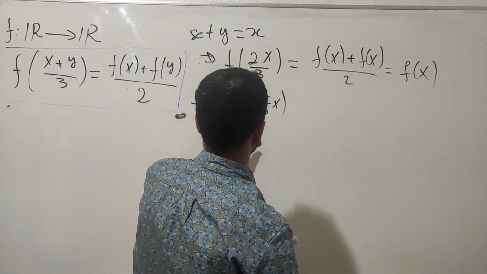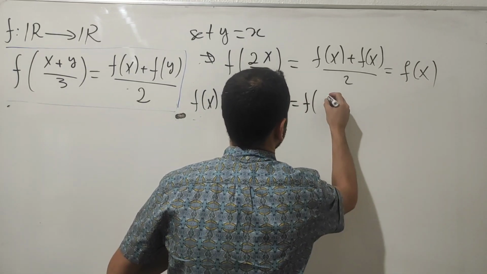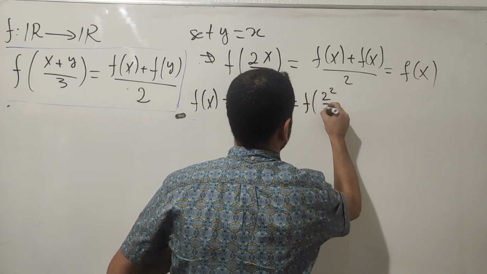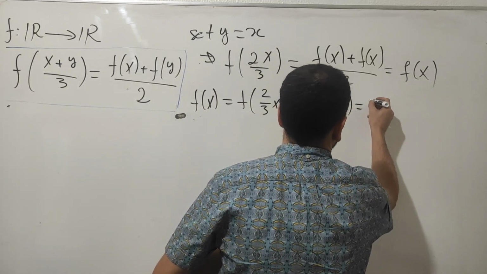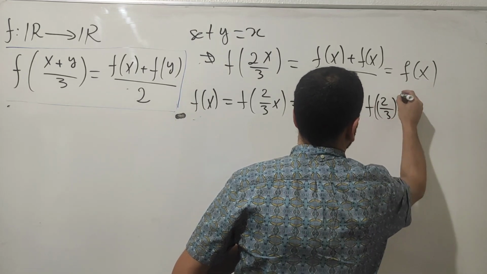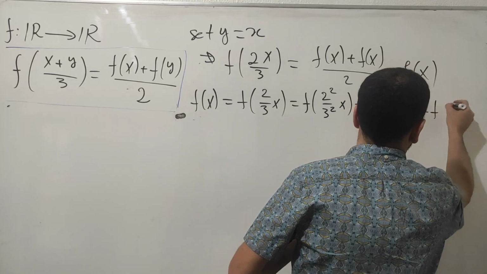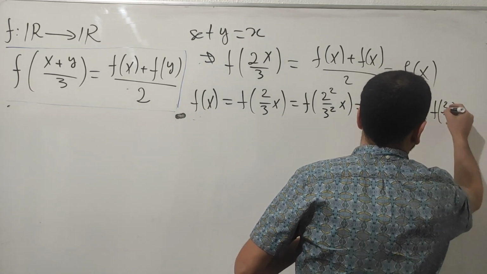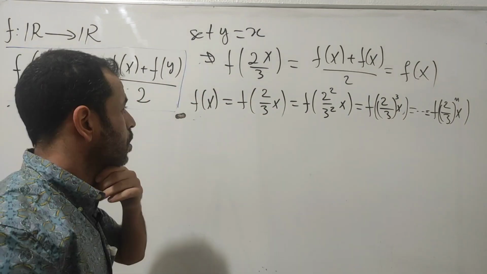Since we get f of x equals f of 2 over 3 x, the second one is going to be 2 squared over 3 squared x. The third one is going to be 2 over 3 cubed x, and all the way down to f of 2 over 3 to the n x, by induction. Then what to do now?